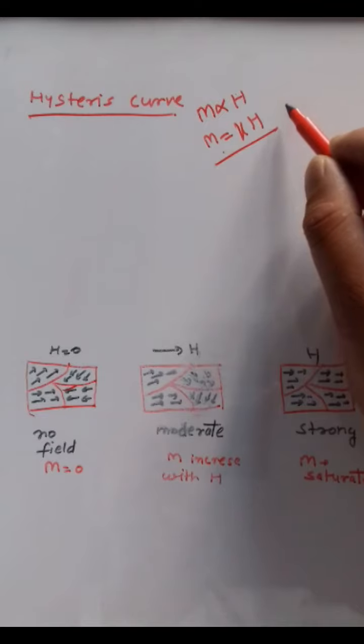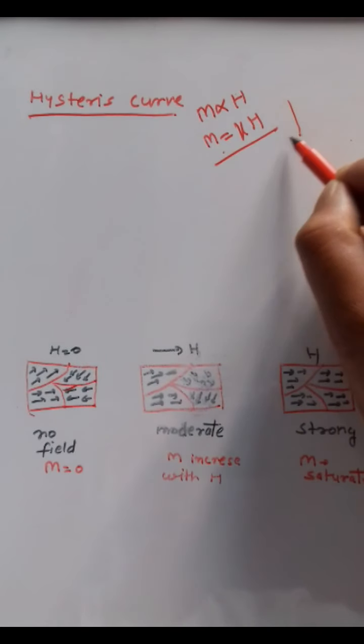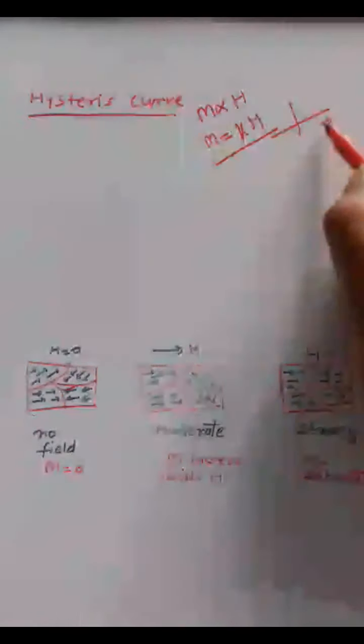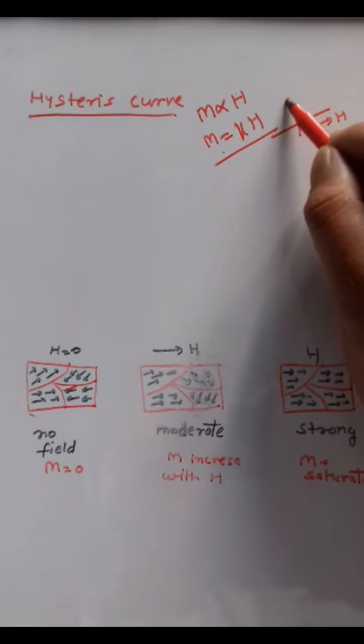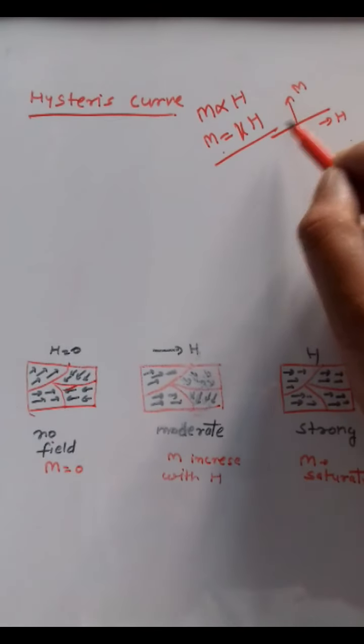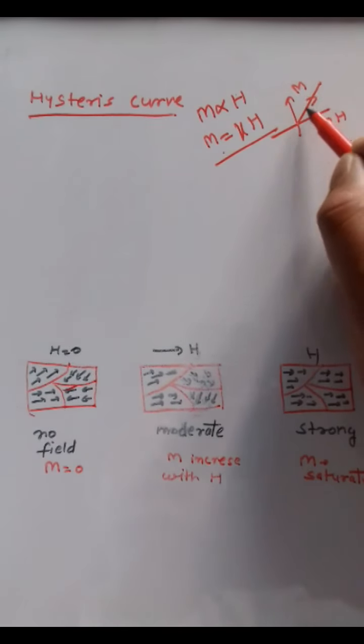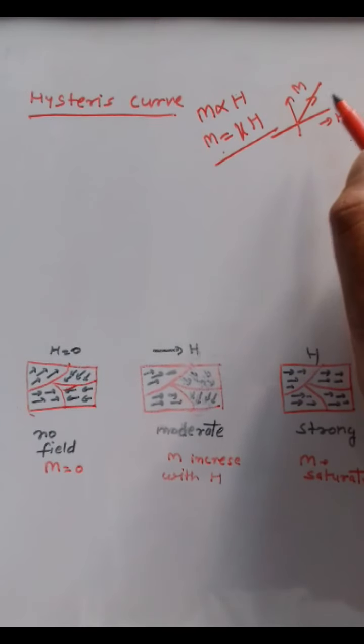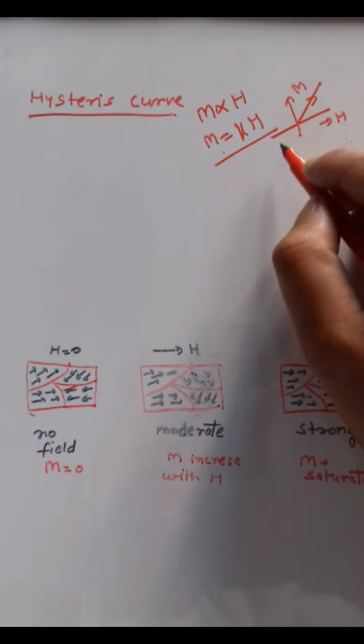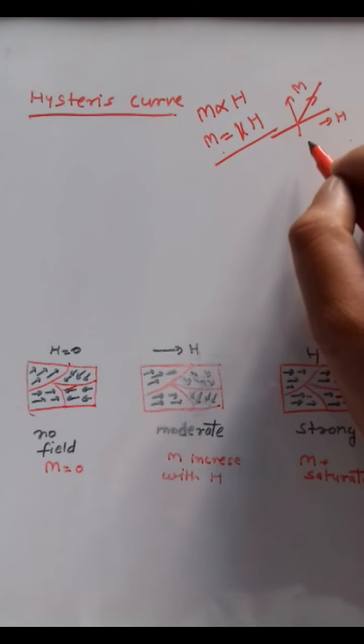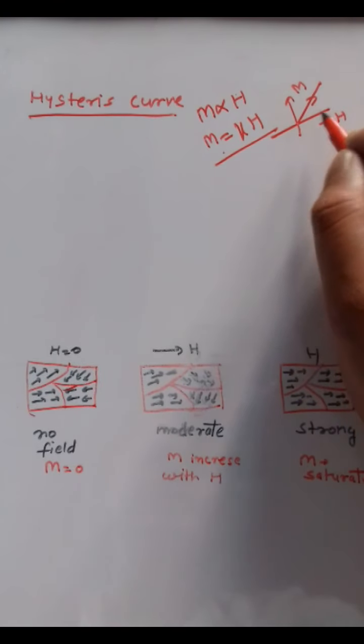Now if we plot a graph between this applied field H and magnetization M, this will be like a straight line. So it is the case for diamagnetic or paramagnetic materials.